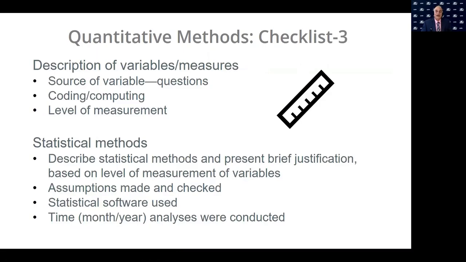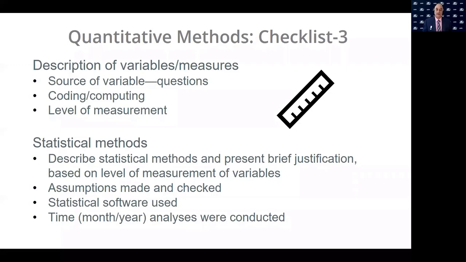Okay, another important thing in your methods write-up is to include a sufficient description of your variables and measures. I have seen people going to one extreme or the other.